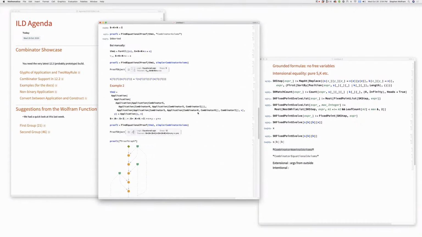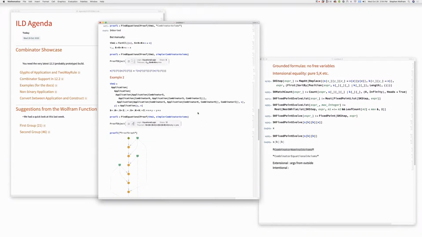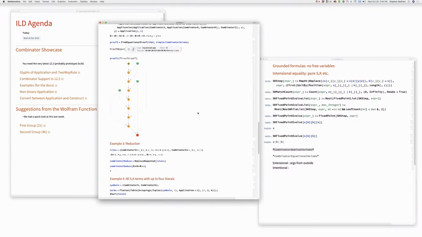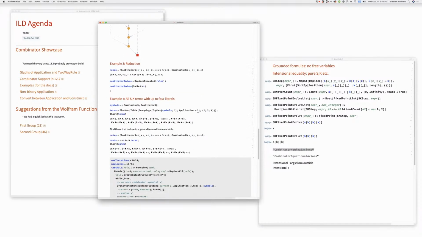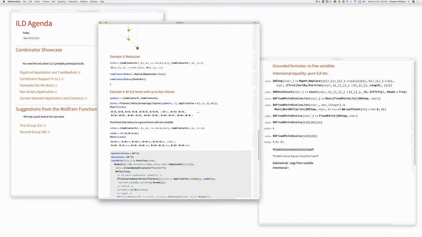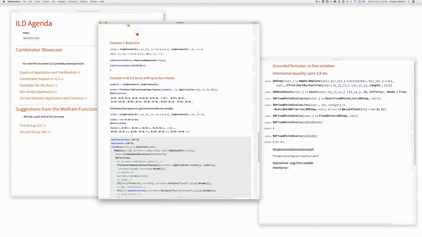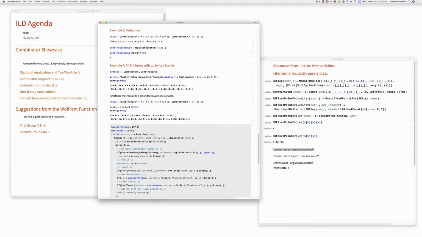Okay, so now what are these other things here? I think this is just another example in preparation for the documentation. I'm collecting examples because I'm probably supposed to write the first draft of the web pages for these things. And this one is a kind of larger and ugly one. It does combinator reduction, and it detects cycles and stops if it goes too far.